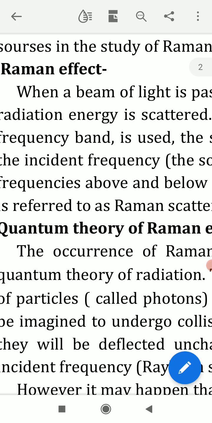If we consider a monochromatic beam of light, a light of a particular frequency, then in scattered radiation we have components of incident frequency and components of greater or lower frequency than that of the incident frequency.